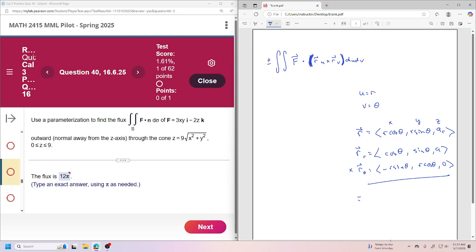We've done this before, and we can do this the easy way or the hard way. Essentially, I believe it ends up being negative r cosine theta, negative r sine theta, and then negative r. The thing is, the negative r cosine and negative r sine, those are supposed to be the sine. 9. There are 9s in there, huh?